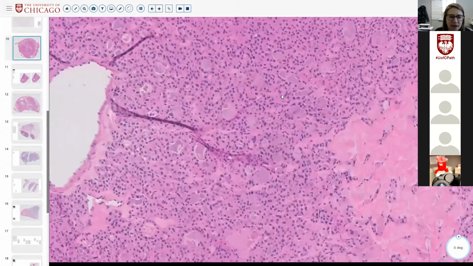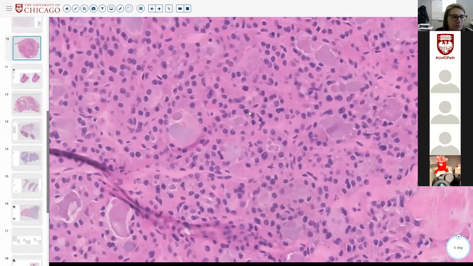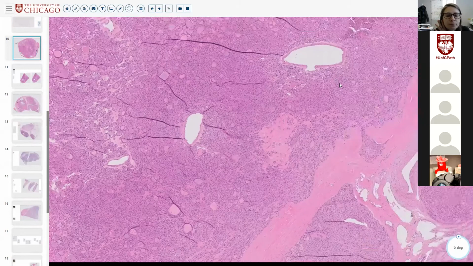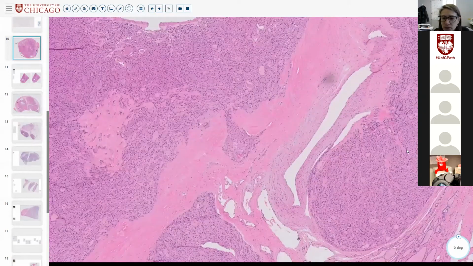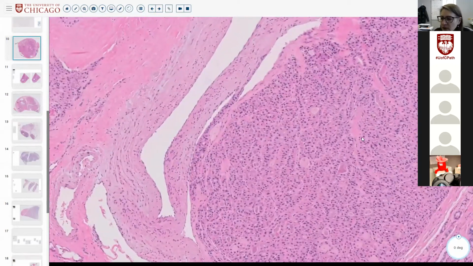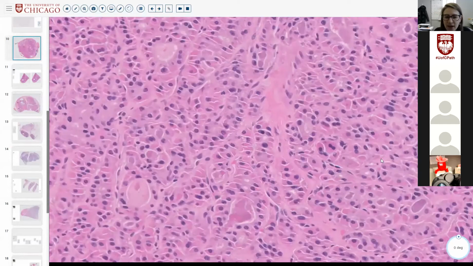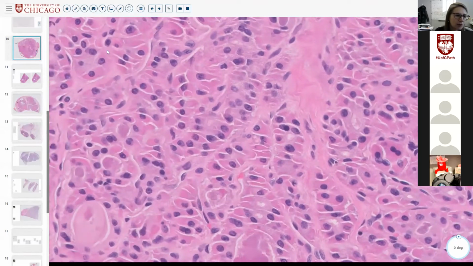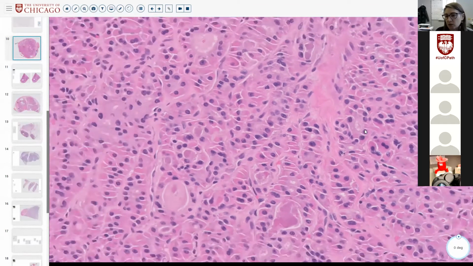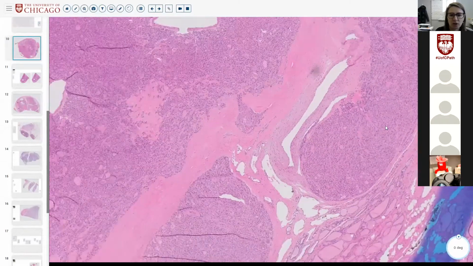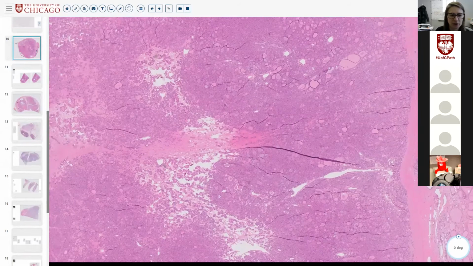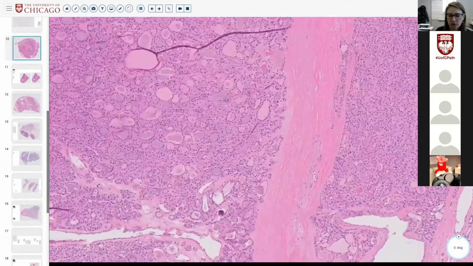So hopefully everyone can diagnose this as follicular carcinoma. And so then the only other question is, you see these very dense eosinophilic cytoplasm, granular with large nuclei. So you might want to think that this could be an oncocytic or a Hürthle cell carcinoma. And again, the same criteria we use for follicular carcinomas, we use for Hürthle cell neoplasms.